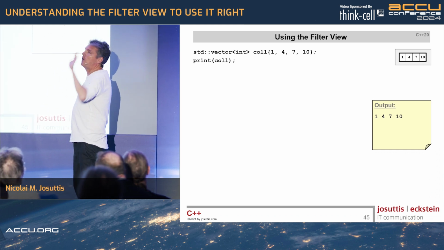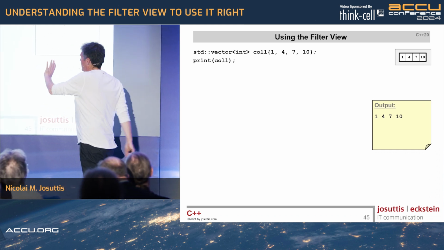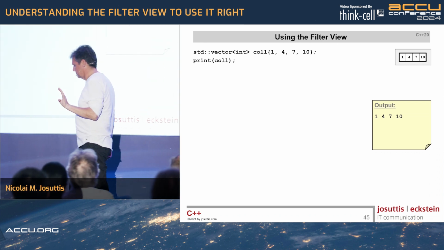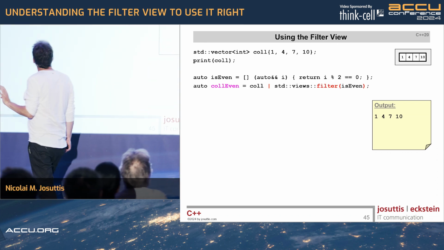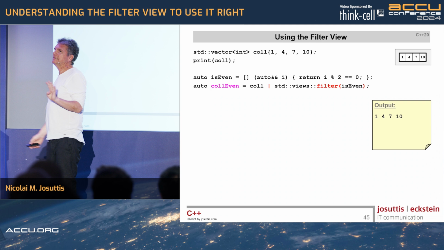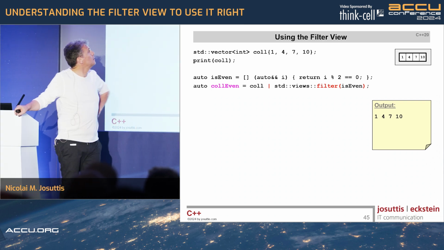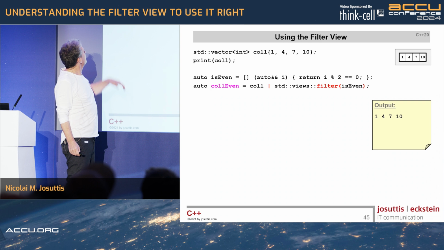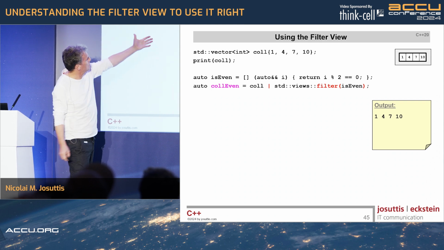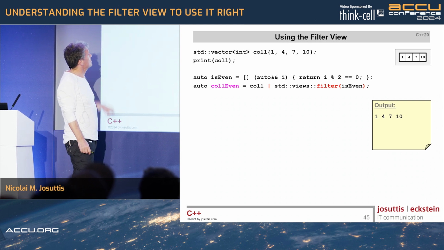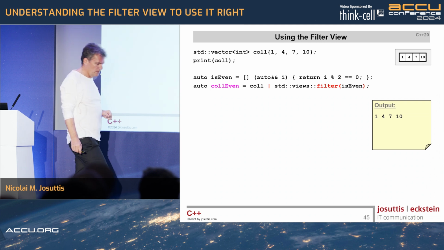A vector having 4 elements, and we call print. Now let me define that I want to deal only with the even elements of this collection. So I define a filter operating on this collection, and the predicate is modulo 2 equals 0.